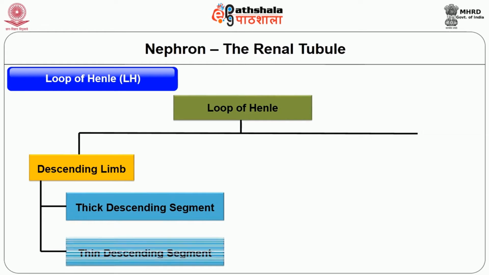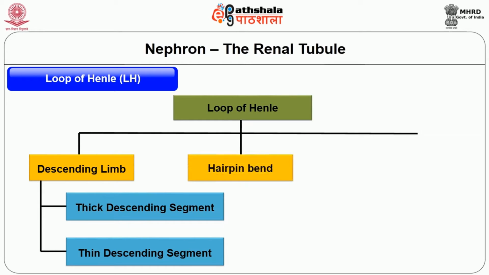The next part is the thin descending limb. The thick descending segment of Henle's loop is continued as the thin segment and it connects with the hairpin bend of the loop. The hairpin bend is continued as the thin ascending segment, which opens again into the thick ascending segment. The length and the extent of the thin descending segment, hairpin bend and thin ascending segment vary in different nephrons.